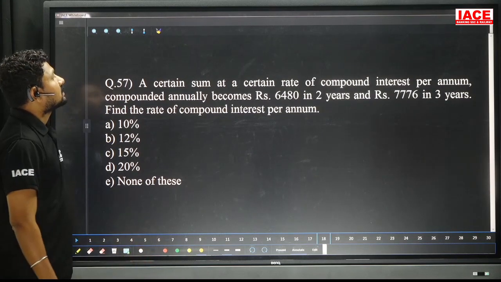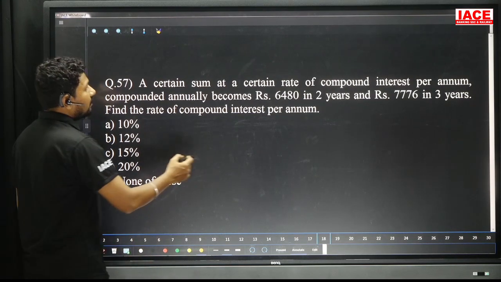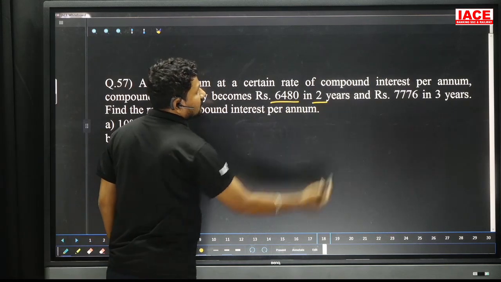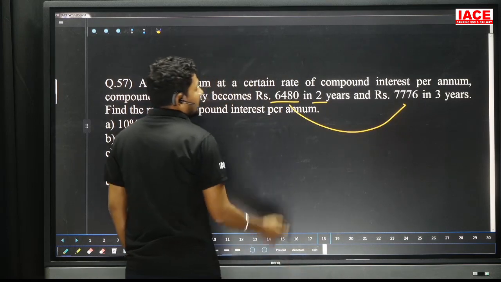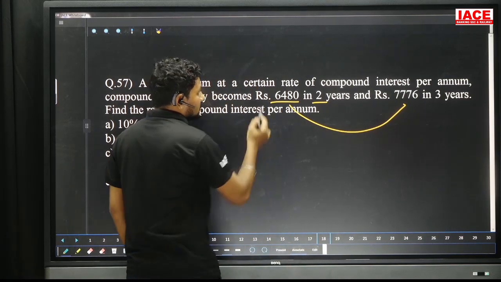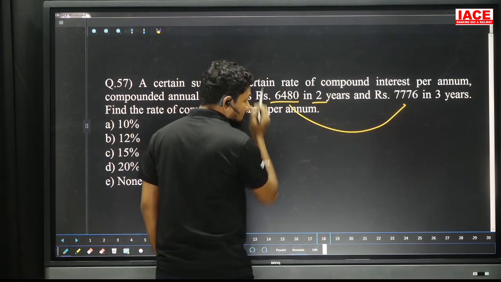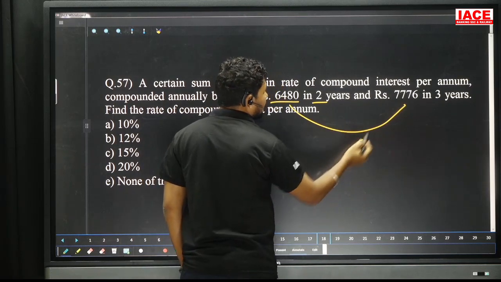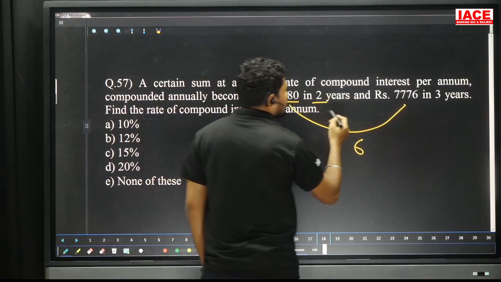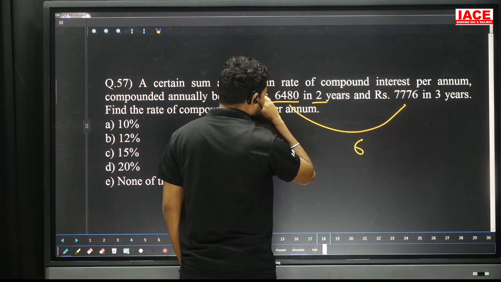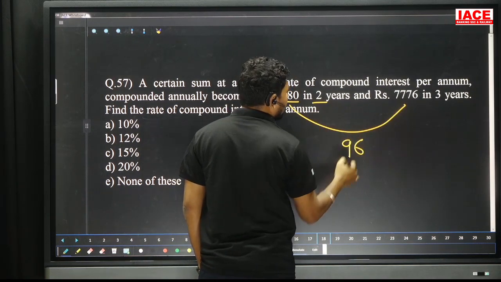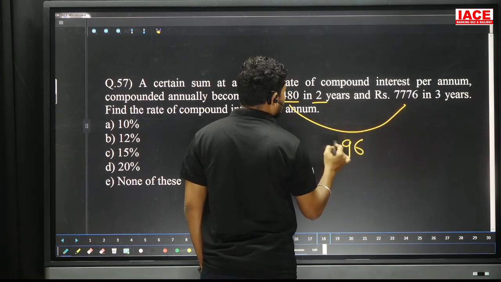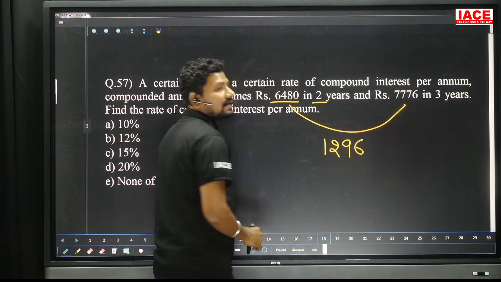A certain sum's compound interest per annum, compounded annually, becomes 6480 in 2 years and 7776 in 3 years. We have to take the difference here. Then we should calculate interest on interest. 6480 became 7776, so how much interest extra was added? 7776 minus 6480 is 1296.